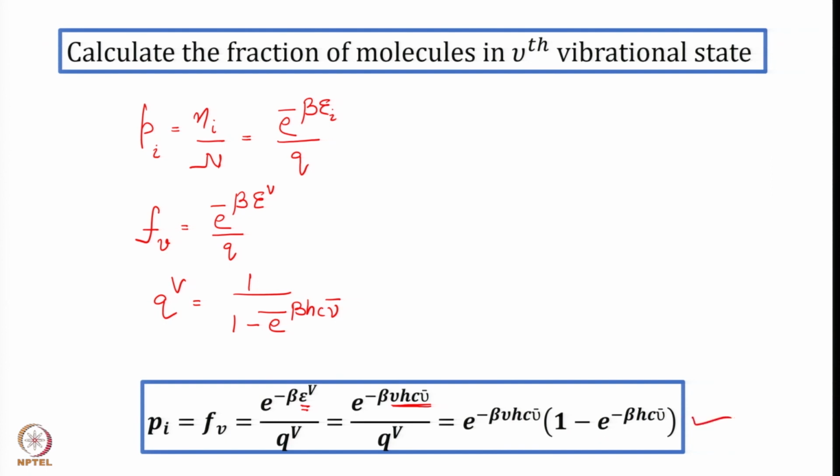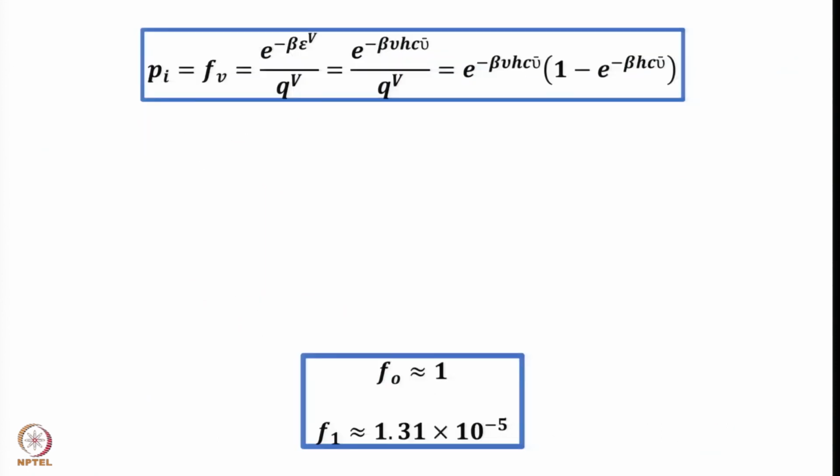Once you substitute this, you end up with this expression, and then it is a matter of just putting in the numbers. To calculate F0, use V equal to 0. To calculate F1, use V equal to 1. You are already given the wave number.